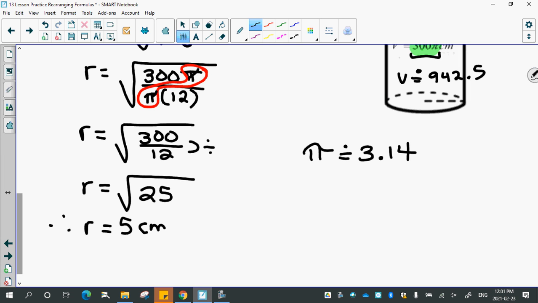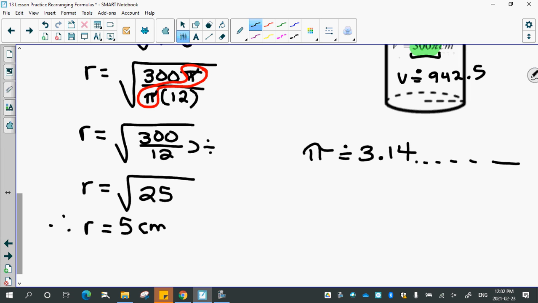So if you have a choice, I just use my pi button. If I see 5 times pi, I go 5 times my pi button instead of 5 times 3.14. But some people were trained in elementary school to use 3.14, okay? But that's just an approximation. Remember, the decimals go on forever and ever and ever. Never repeat, never stop. Pi is a special number, irrational.